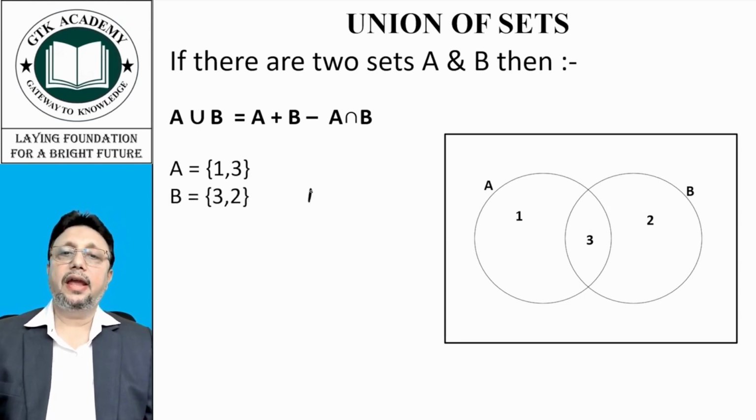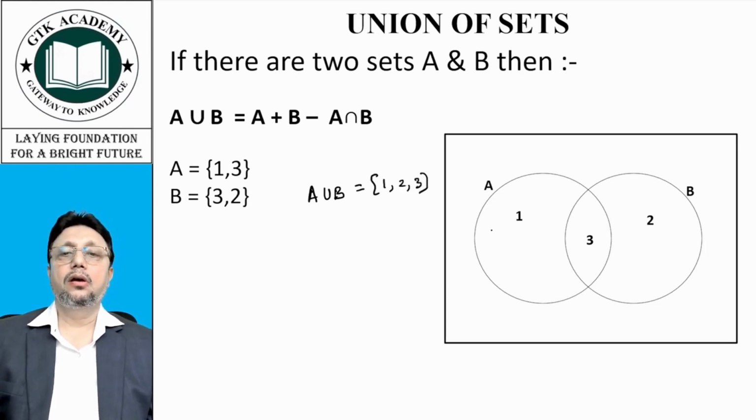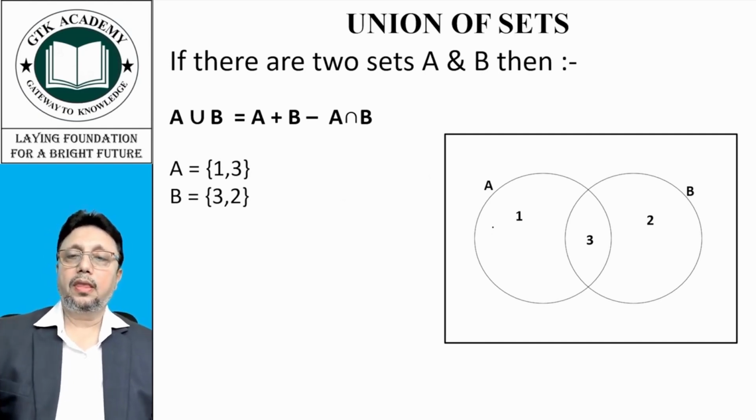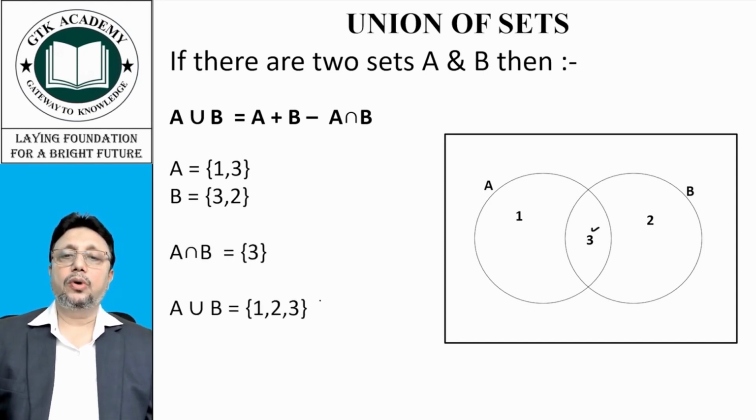Now what is A union B? Means taking all elements which are there in A and B, only one at a time. Means 1, 2 and 3. Now A intersection B is 3. Now A union B is 1, 2, 3.